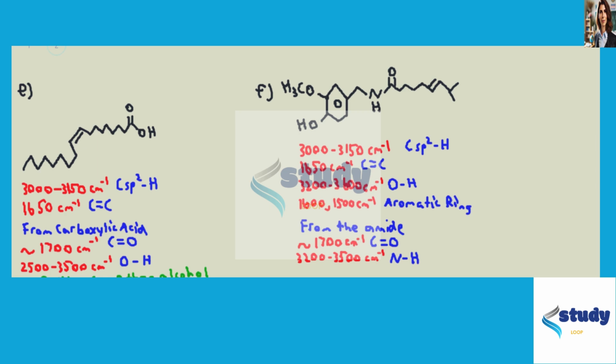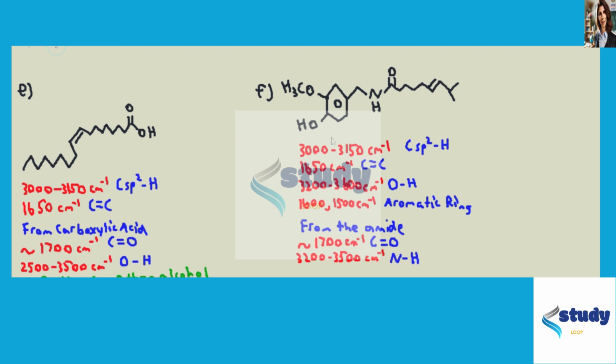It will probably be shifted down a little bit, so maybe 1690-ish. And then the OH bond of the carboxylic acid is going to be mostly in the same range as an alcohol would be, but it's a wider range. So instead of 3200 to 3600, you'd see it somewhere between 2500 and 3500.